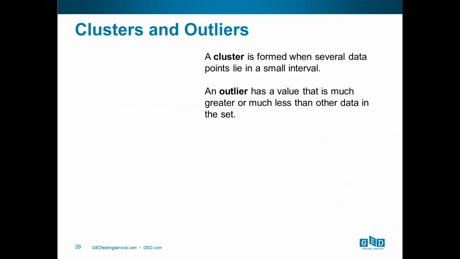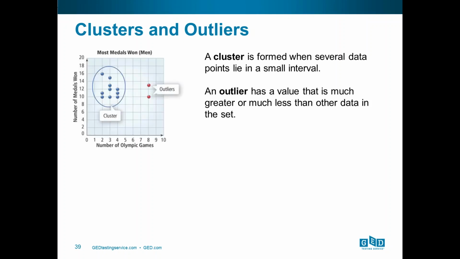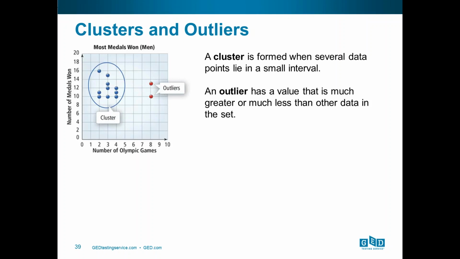Right. Couple more words. The vocabulary of graphics, statistics, etc., can be a little daunting. But these two aren't too bad because I think most of our students do know what a cluster is. You know, it's stuff that's kind of all put together. And then outliers, something that lies outside. So this really looks like a good graphic to show that.